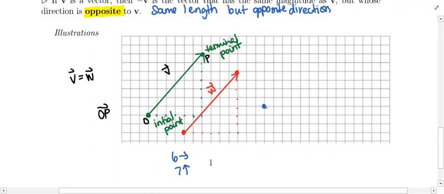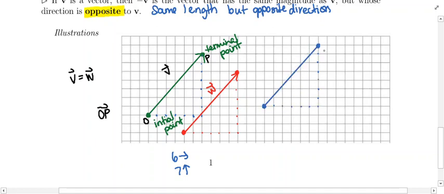This will be the first point I put down. And I need this thing to have the same magnitude or length. To achieve that, I have to go 6 units to the right. So 1, 2, 3, 4, 5, 6. And I need to go 7 up. So that will bring me here. So these are the 2 points I need to connect with my line.